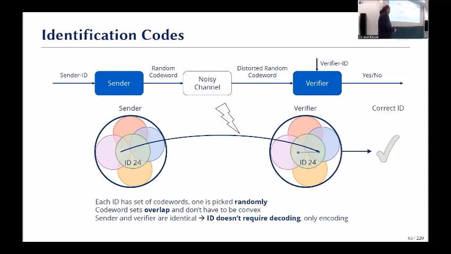And furthermore, at the verifier, we also have this V_i, this region here, which can overlap. So in this case, ID doesn't require decoding, it requires only encoding, because sender and verifier are identical. So code words can overlap and don't have to be convex like here, but they can be arbitrary somehow.